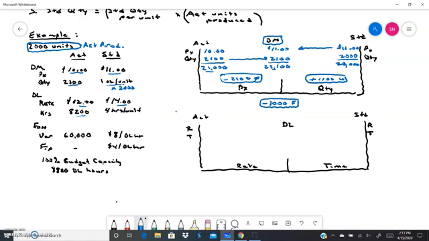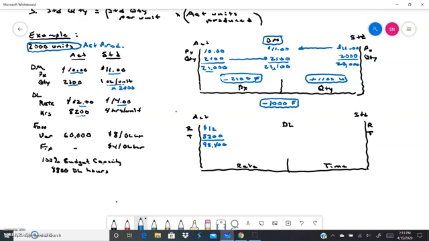For direct labor, we're going to use what's called rate and time. So the rate per hour, our actual rate per hour, is going to be $12. And the actual number of hours we incurred was 8,200 hours for the production of these 2,000 units. That will give us a total of $98,400.